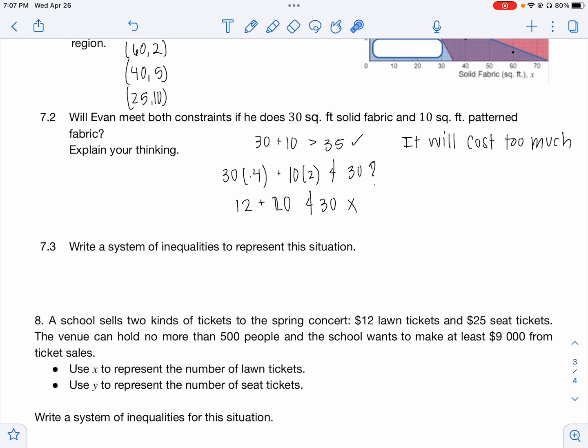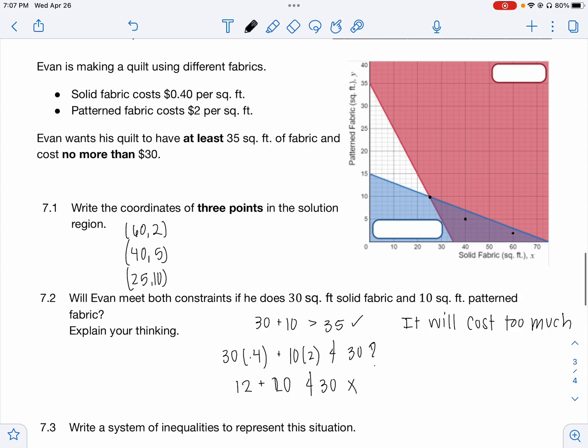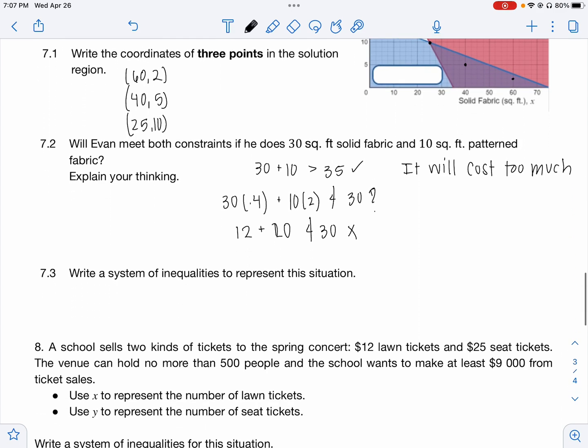Okay, but then writing a system of inequalities, they kind of give you a hint by doing the inequalities up above. If we want to represent, let's see, X is the solid fabric and Y is patterned based on what is on the graph.